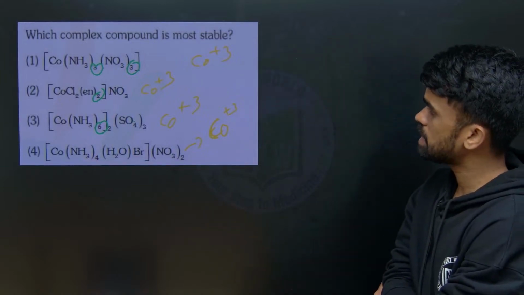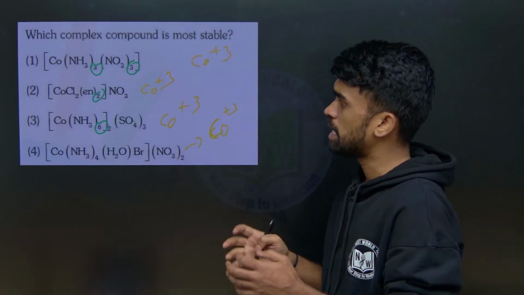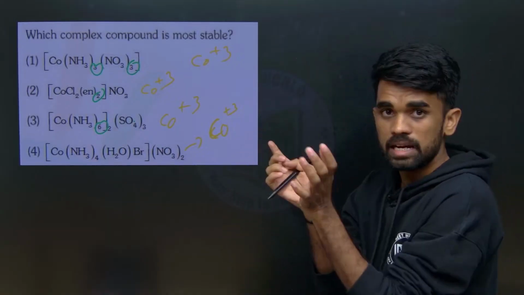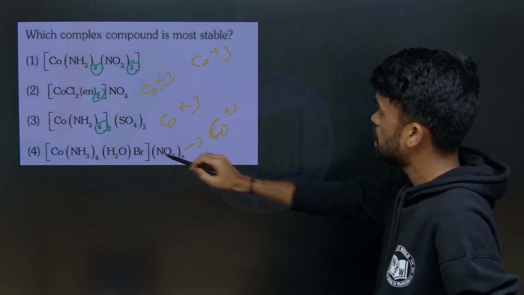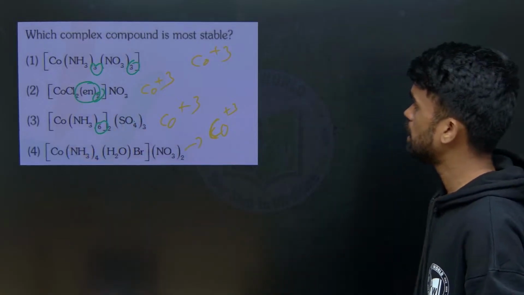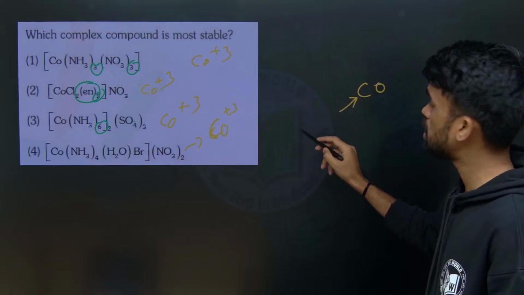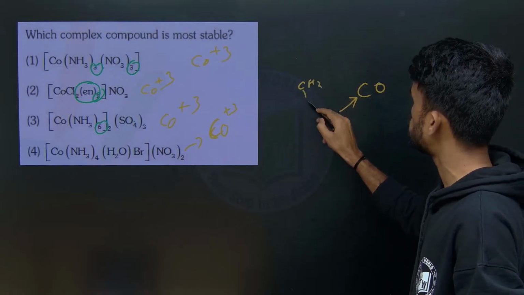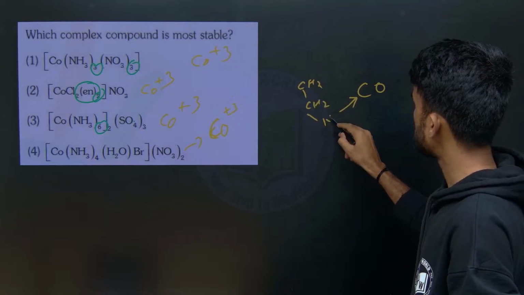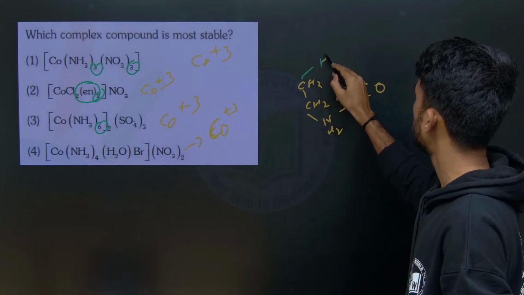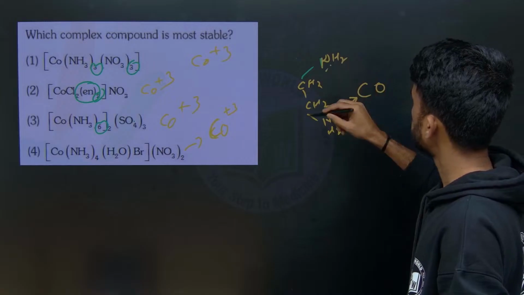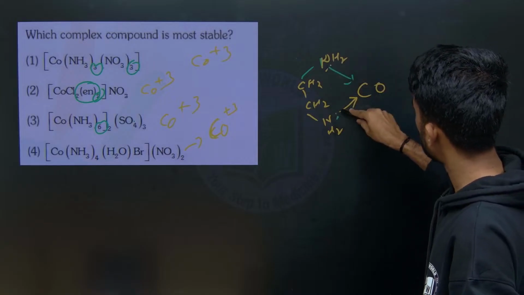Okay. So in this case, we need to check if any chelation is present, like ring formation taking place. See, in the second option we have 2 en ligands. It means cobalt will be having ethylenediamine. En means ethylene, CH2 group. On one side NH2 group, another side also NH2 group is present. So these lone pairs are donated and these lone pairs also donated.